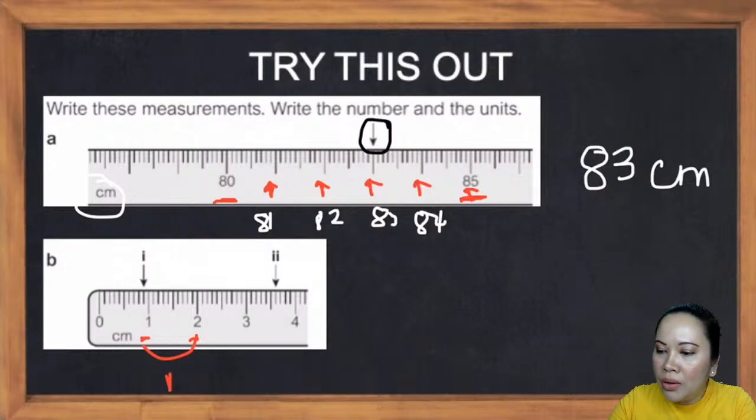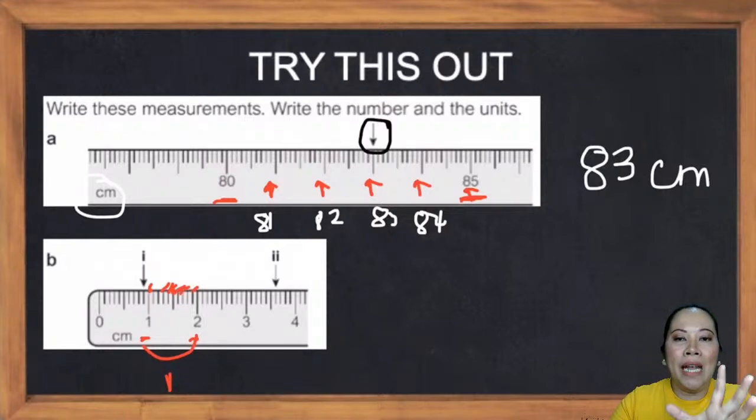If you count, that's 1, 2, 3, 4, 5, 6, 7, 8, 9, 10. So from 1 to 2, there are 10 lines. Therefore, 1 divided by 10 will be 0.1. That means each line here represents 0.1.